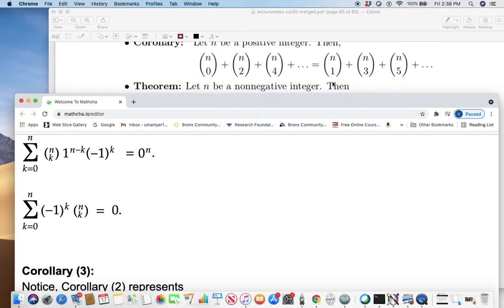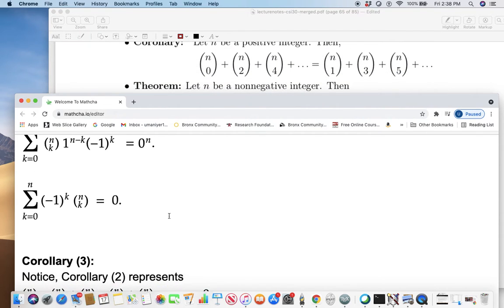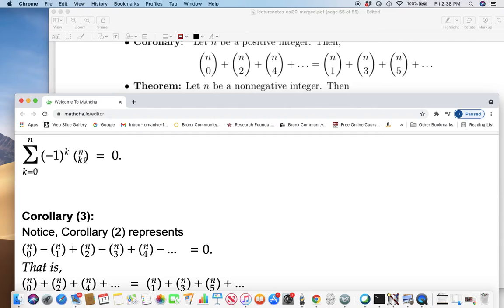Okay, how so? Well, expand this corollary too. When you expand it, when k is 0, I get positive n choose 0. When k is 1, I get negative n choose 1. When k is 2, that becomes positive n choose 2. When k is 3, I get negative, and so on.